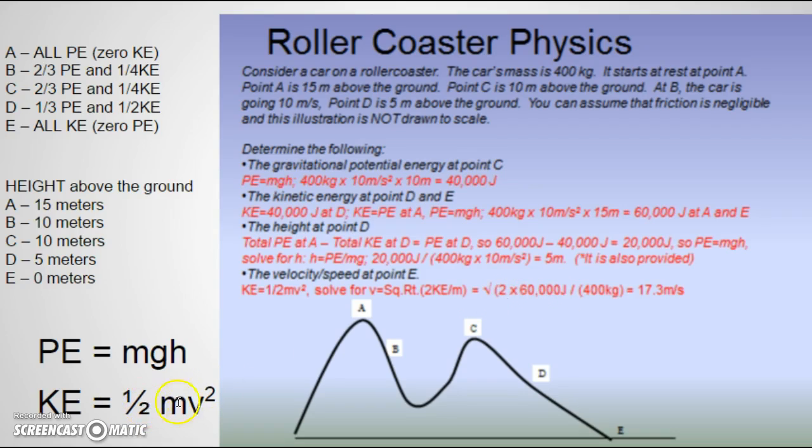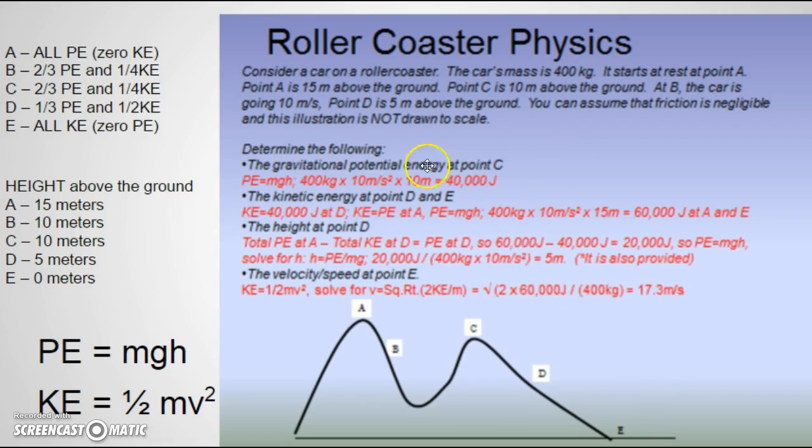I have to multiply both sides by 2. So I'm isolating and solving. 2 times 60,000 joules divided by 400 kilograms tells me that the velocity at E is going to be 17.3 meters per second. It's essentially like it was falling towards Earth from some height. So in other words, we get a velocity of 17.3 meters per second.